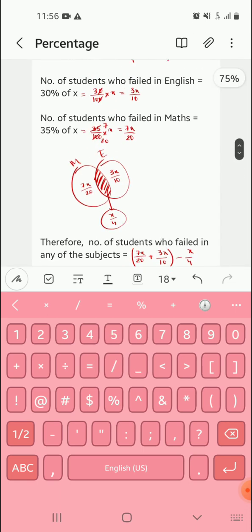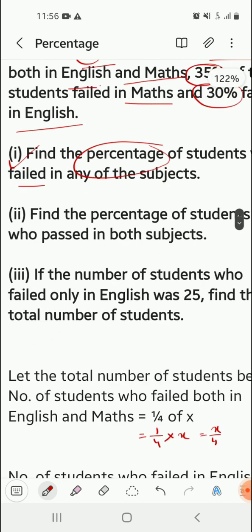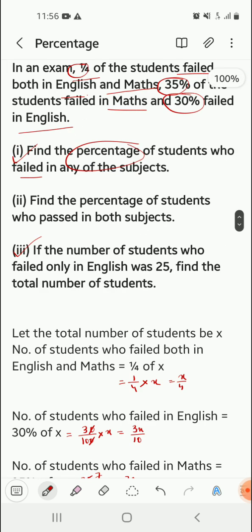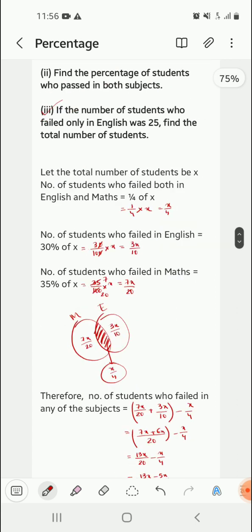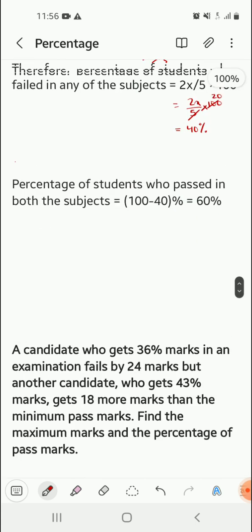Now moving on to the next question, number 3: if the number of students who failed only in English was 25, find the total number of students. Now see, first we are going to write what is given to us.